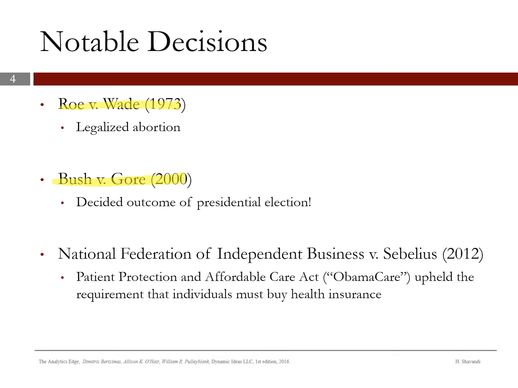In that year, the Supreme Court decided the outcome of the presidential election, which was in favor of Bush. The third one could be National Federation of Independent Business versus Sebelius in 2012. This case is called Obamacare, and the Supreme Court decided to uphold the requirement that individuals must buy health insurance.